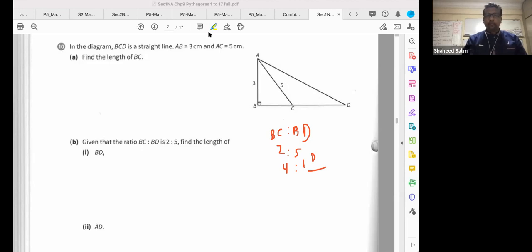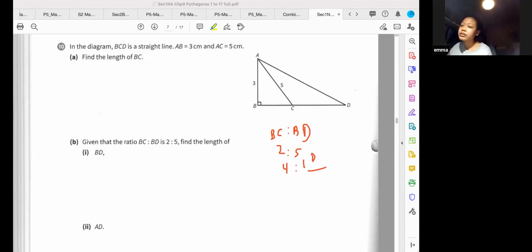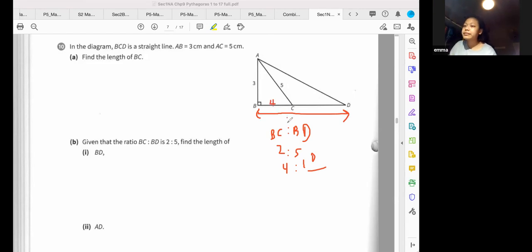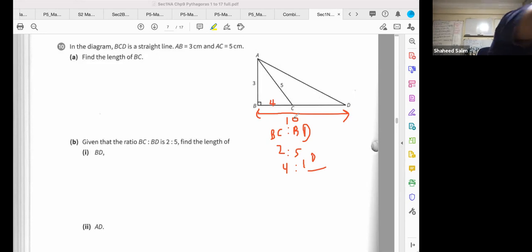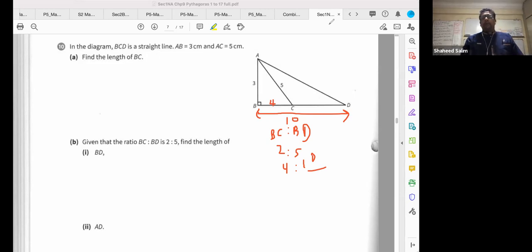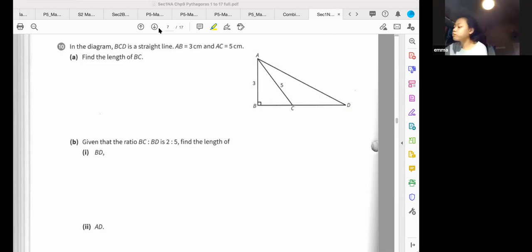Remember, BD, the whole thing is 10, from here to here, BD is 10. This one is 4, this one is 10. So what's your answer then? 10.44. Well done. Quite easy, yeah?